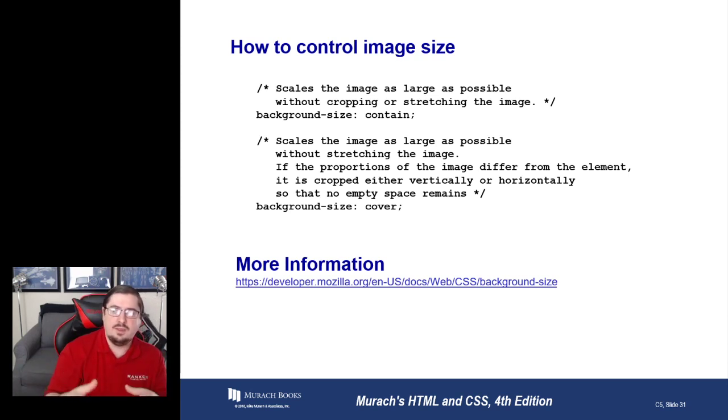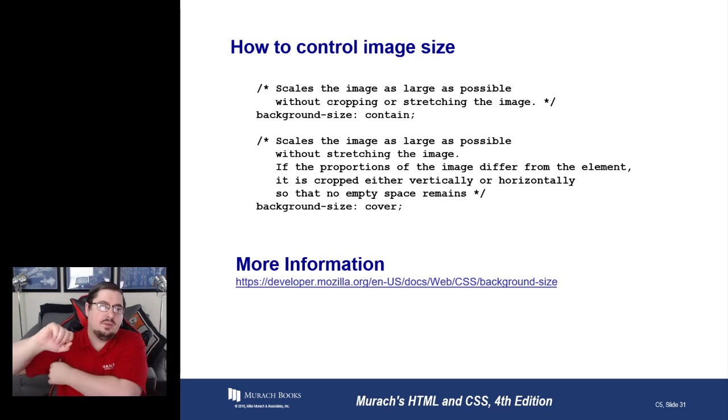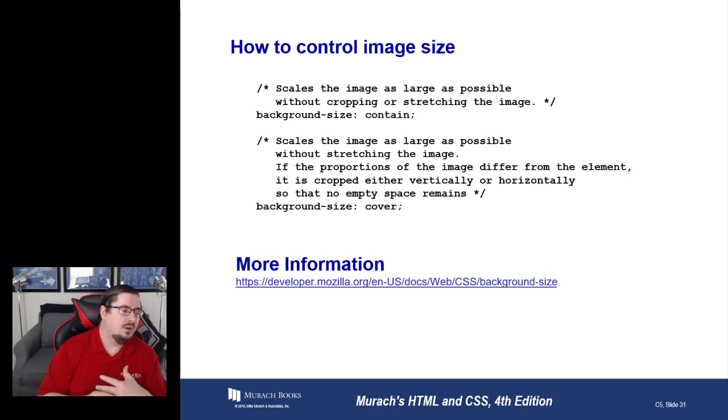But there will be some empty or white space on the sides where it doesn't fit. So for instance, if there's space on the left and right sides, then you'll see white space there because it can't scale it up, or you'll see space on the top and bottom.